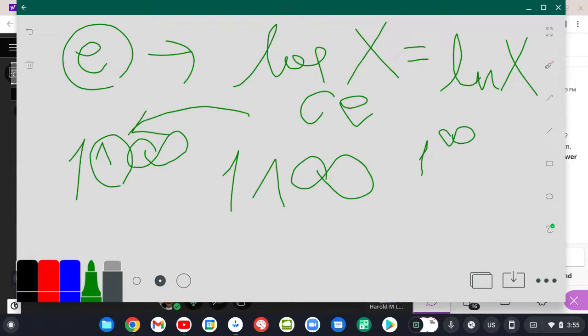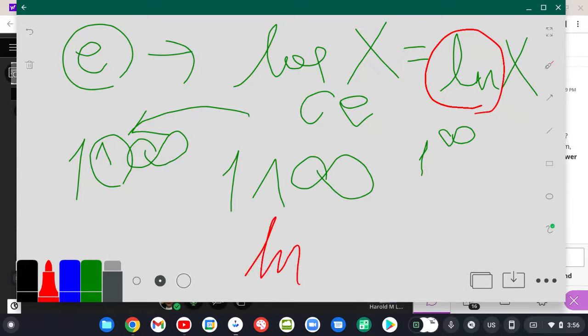So that brought us to natural log, understanding of natural log, and then one thing convenient about natural log is, with natural log you can take log of any number.